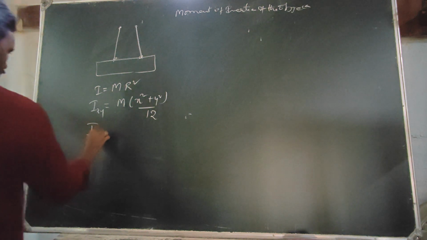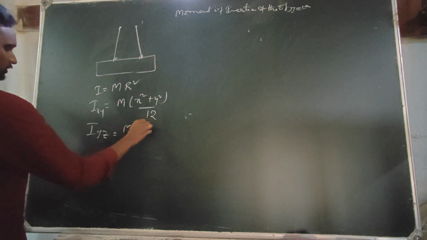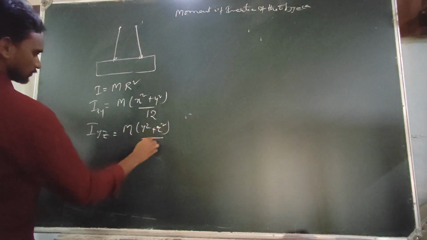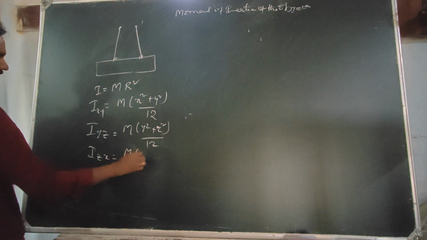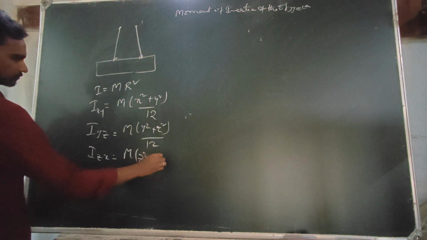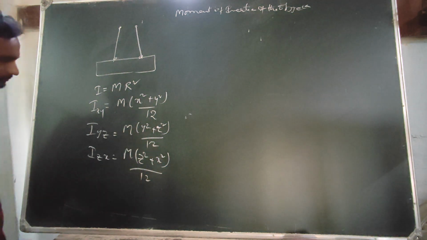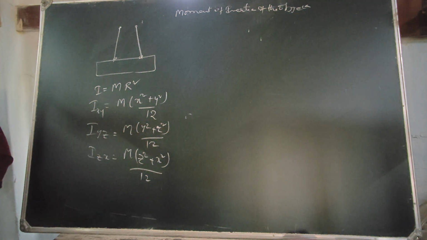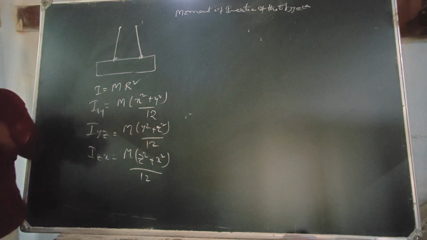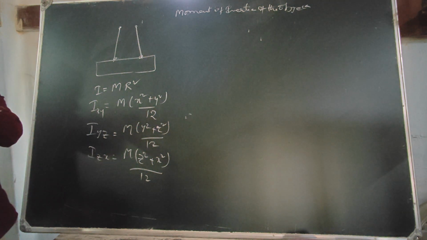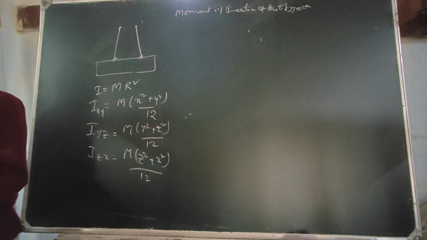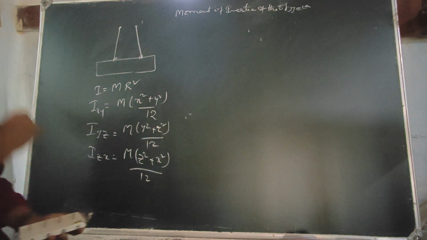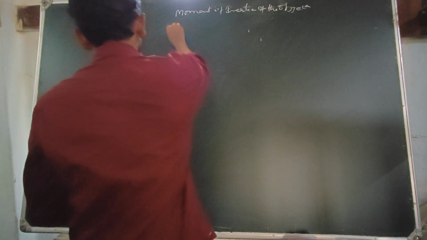In the same way, I yz is m times y square plus z square by 12, and I zx is m times z square plus x square by 12. Okay, so these are all the three possible directions. This is the yz plane, this is the xz plane, this is the xy plane. So that is the moment of inertia in all three directions.